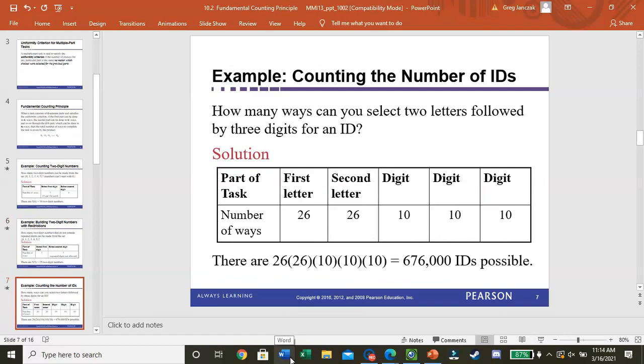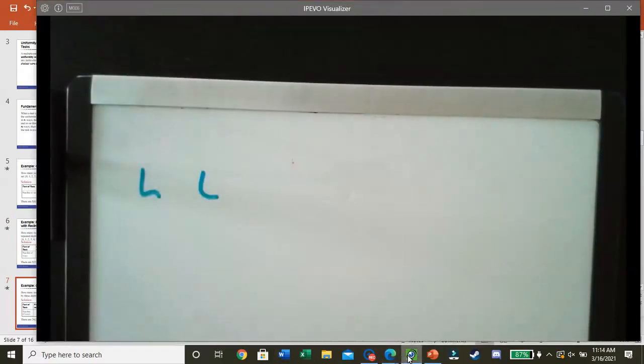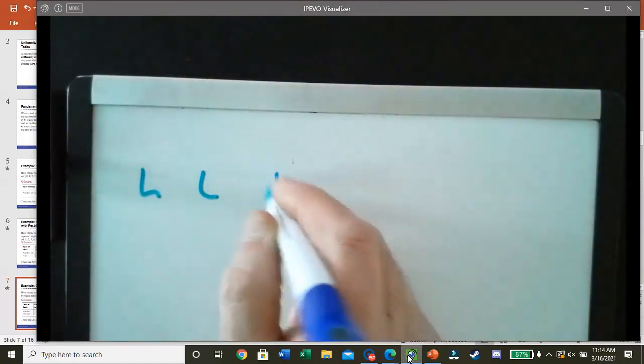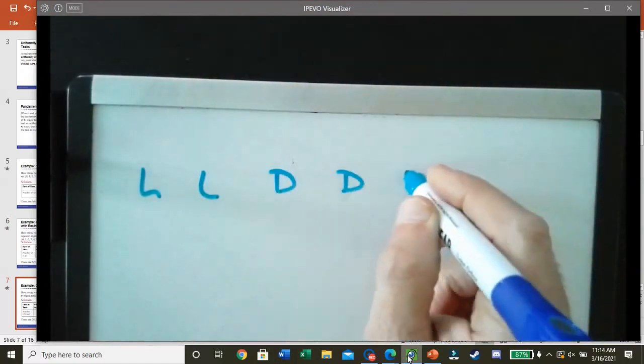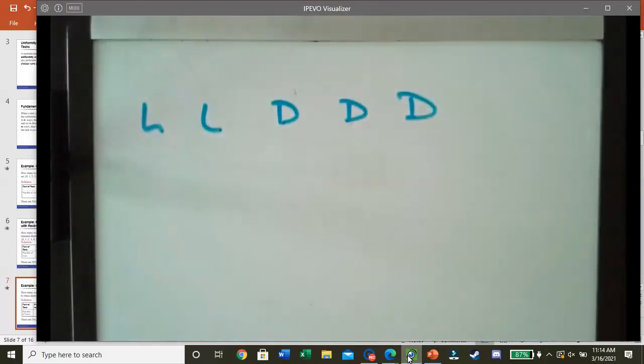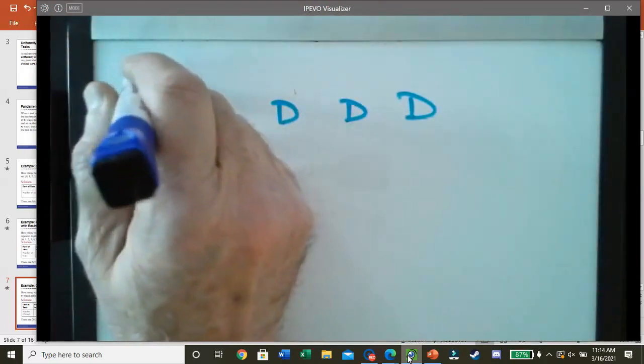No, 3 digits. First letter, second letter, 3 digits. Okay, so we've got letter, and then digit, and digit. Okay. So we've got the first letter.